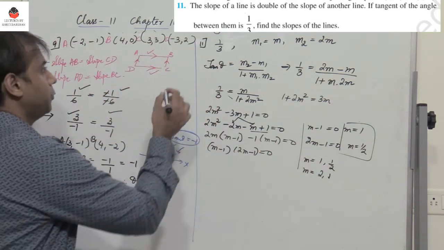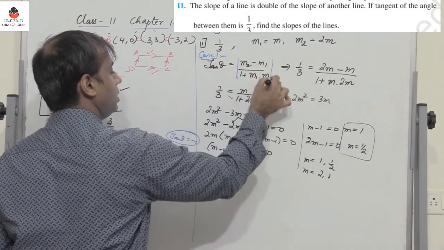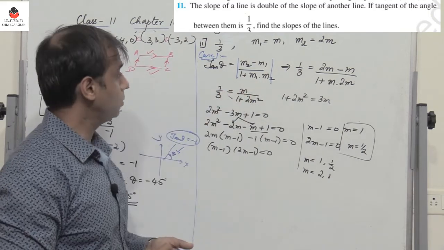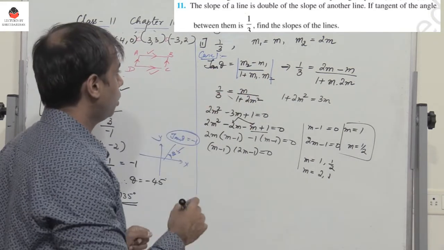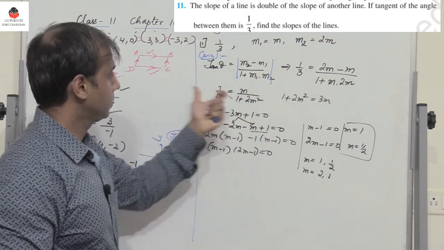So this is for the first case. Since tan theta is the magnitude of (m2 - m1) divided by (1 + m1 m2), I have considered tan theta to be positive here. Now this term can be negative also.